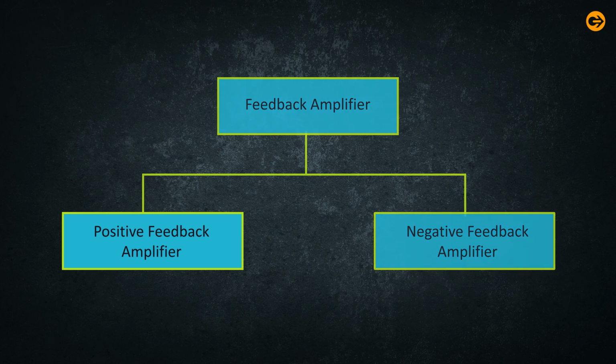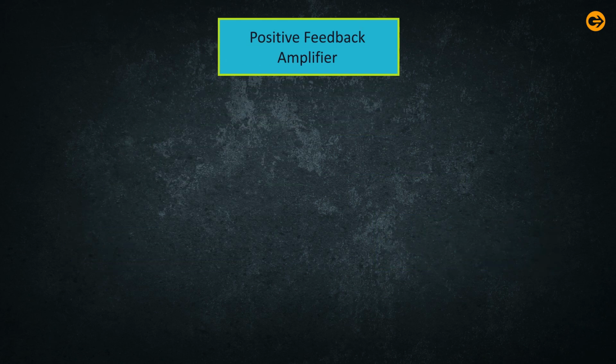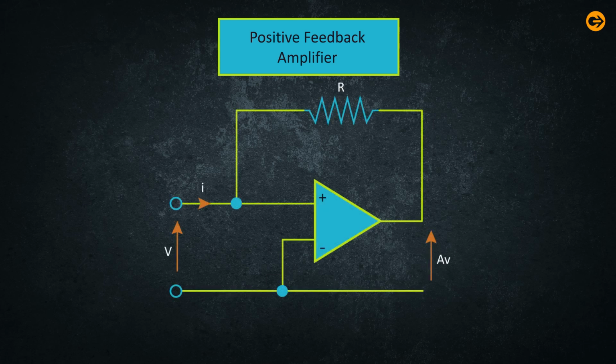Positive feedback amplifier: when the feedback current or voltage is applied to increase the input voltage, then it is named positive feedback. Another name of this positive feedback is direct feedback because it generates unnecessary distortion. It amplifies the original signal power and is used in oscillator circuits, but it is not often used in amplifiers.